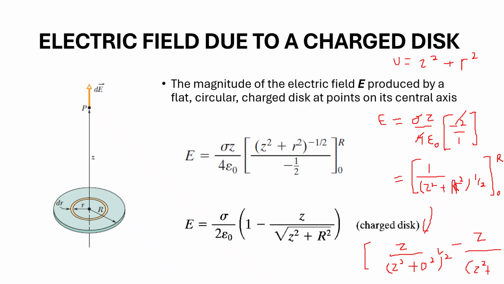So here I get z squared plus r squared with this square root, 1 over 2 here.